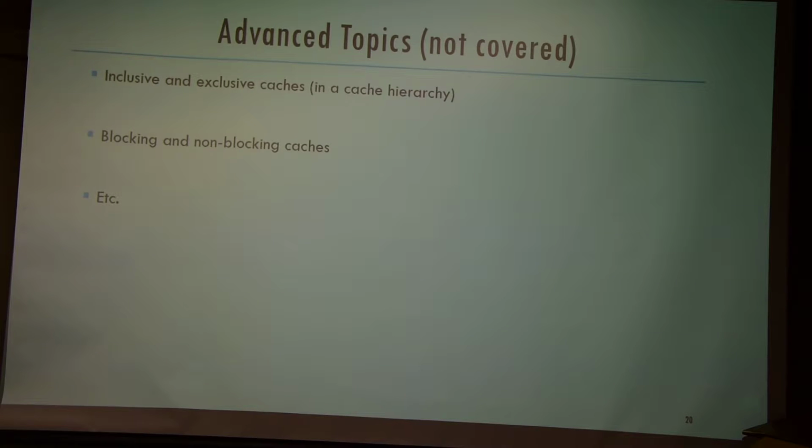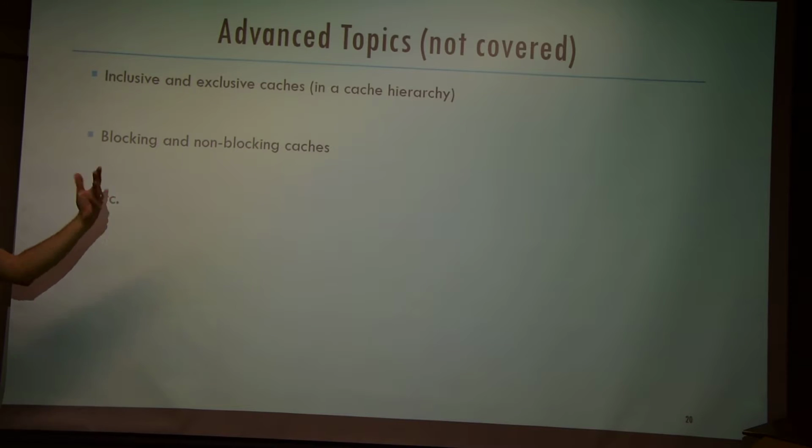Then there are more advanced topics that we're not going to talk about, but you can have inclusive and exclusive caches in such a cache hierarchy where, effectively, say the L1 cache is included, all the information there is included in the L2 cache. That's one strategy, that's inclusive. Exclusive is the other way around. It requires different kinds of updating, and has different pros and cons. You have blocking and non-blocking caches.